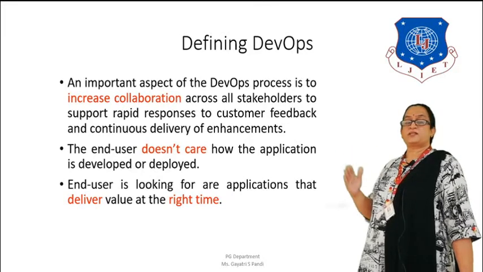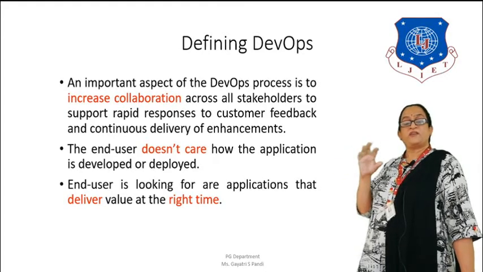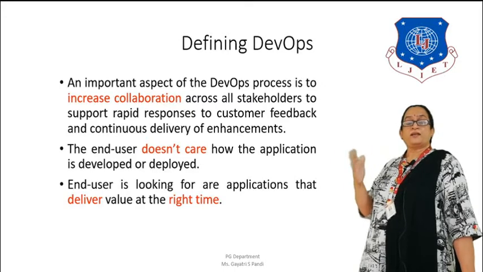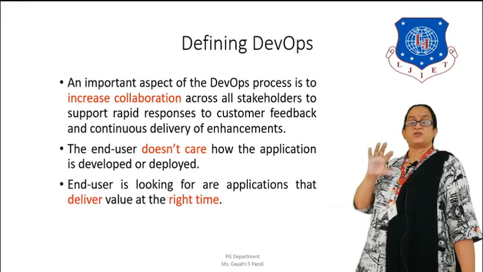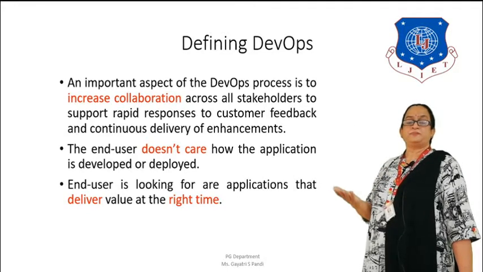Also the end user doesn't care how the application is developed or deployed. The end user focuses on applications that deliver value at the right time. So his focus is just to see that the application is providing the right result at the right time.